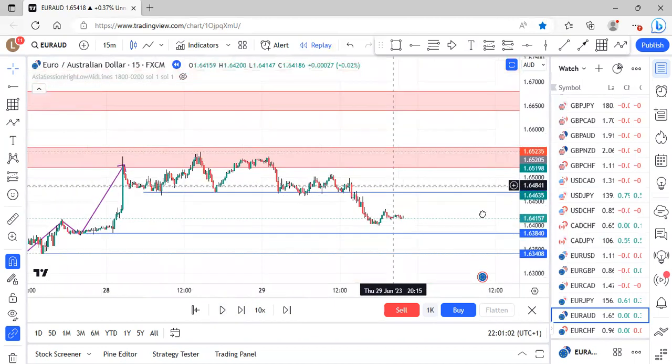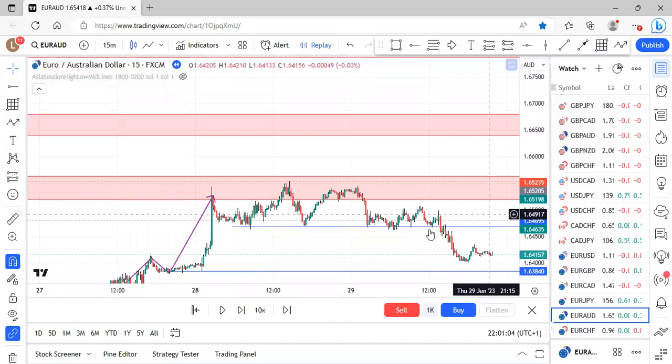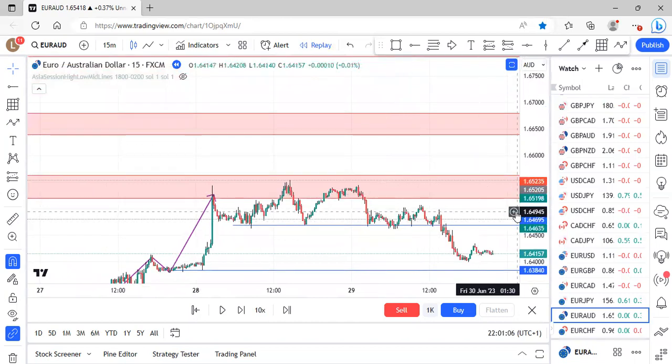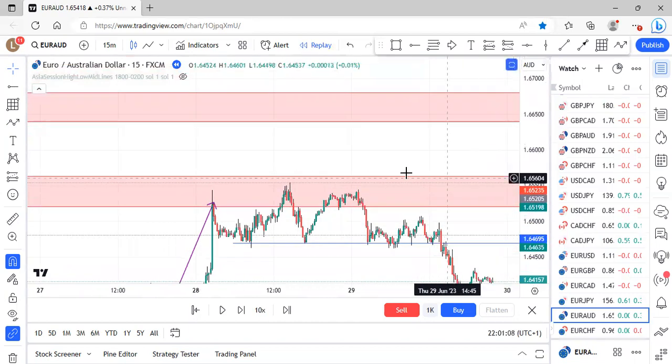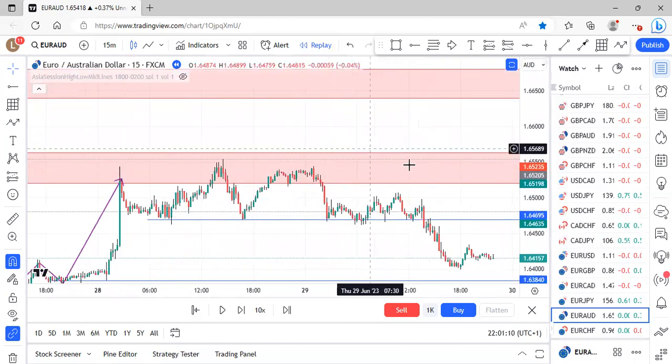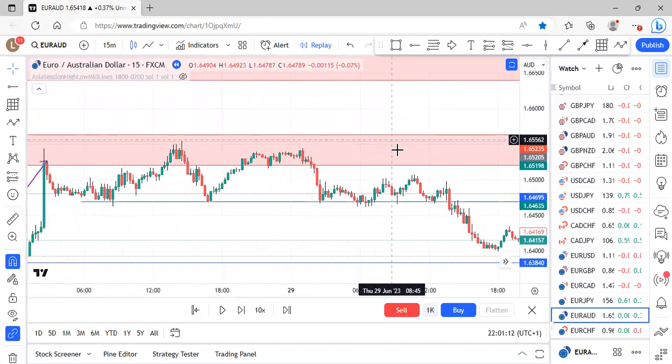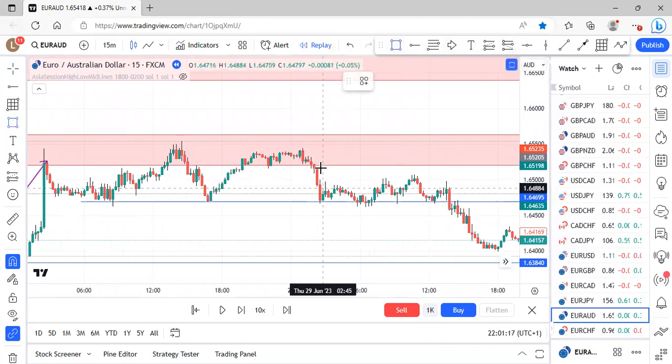Assuming I fold this up. Looking here. 15 minutes to get imbalance.